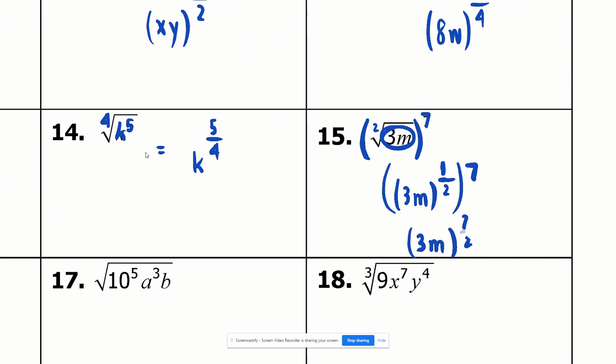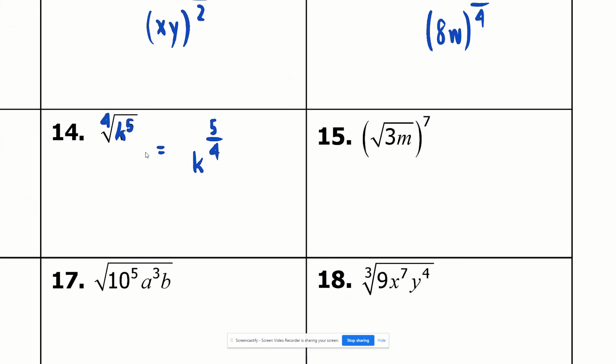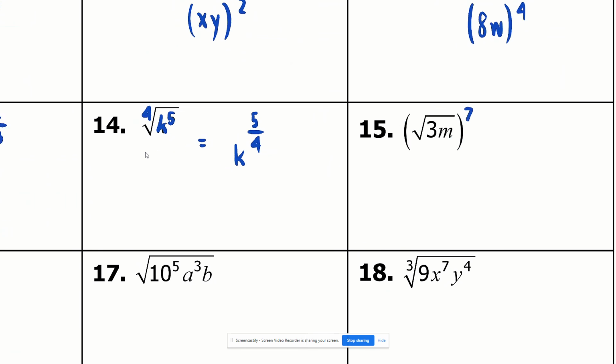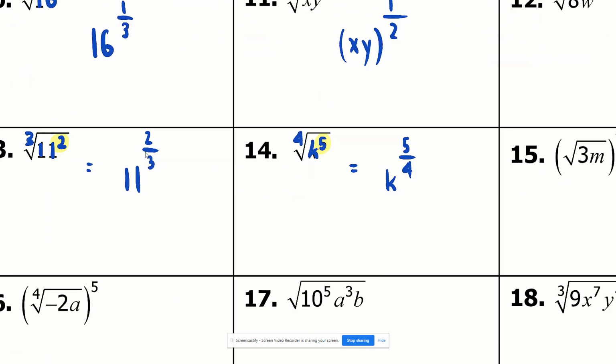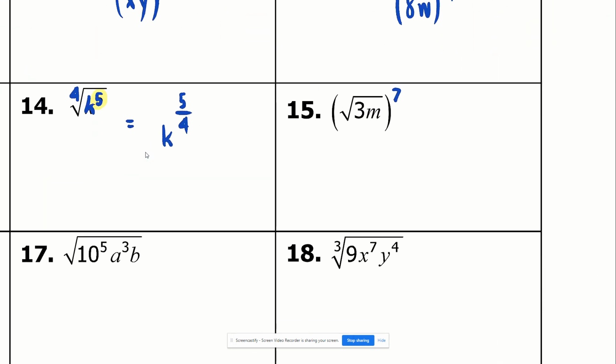So what you've got to understand is when that is on the outside, like it is right here, it's treated the same way that this 5 is treated here, the same way that this 2 is treated here. It goes down as the numerator of your fractional exponent.